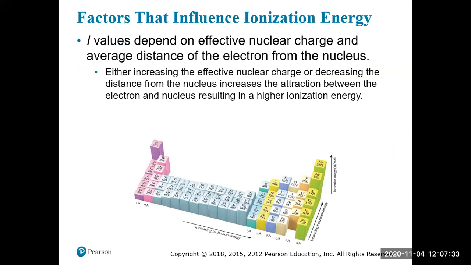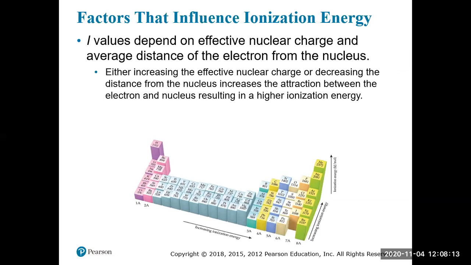So what are some of the factors that influence the ionization energy? The effective nuclear charge, the Z effective, impacts it, and the distance of the electron from the nucleus impacts it. As you increase the effective nuclear charge, or you decrease the distance from the nucleus, you increase the attraction between the electron and the nucleus.